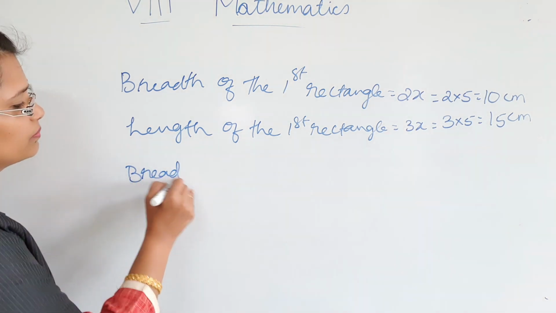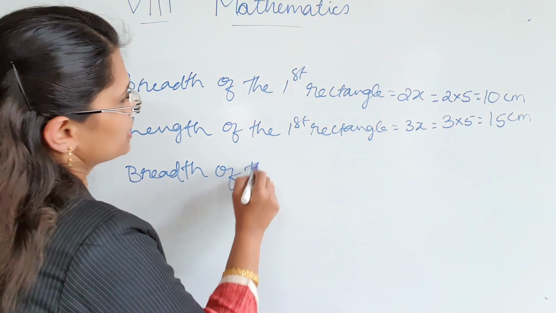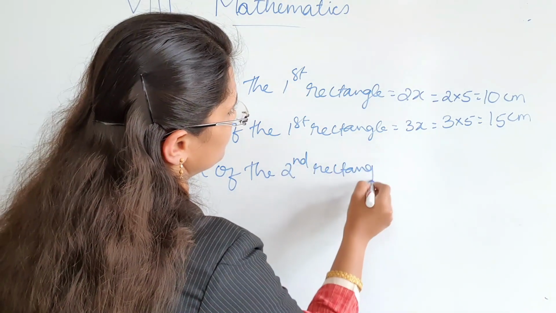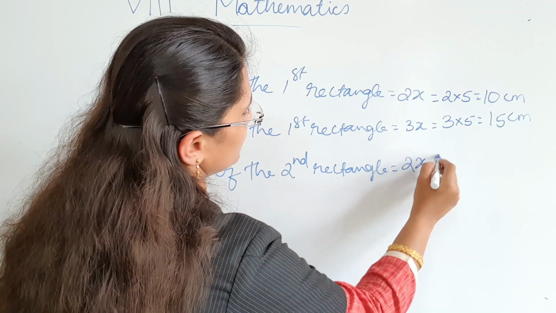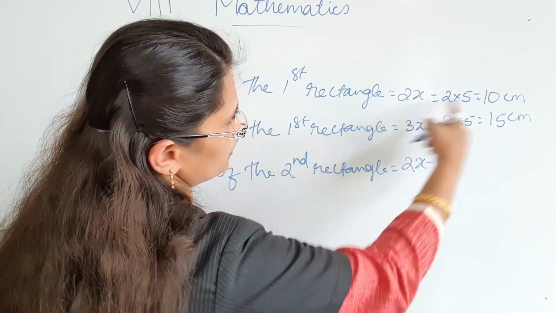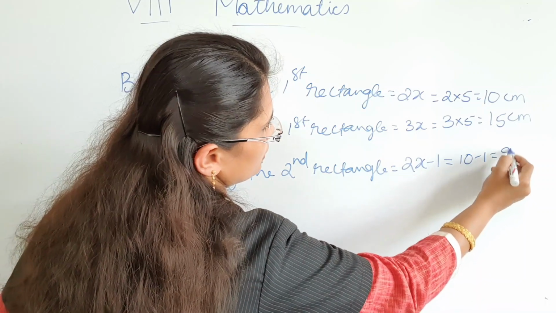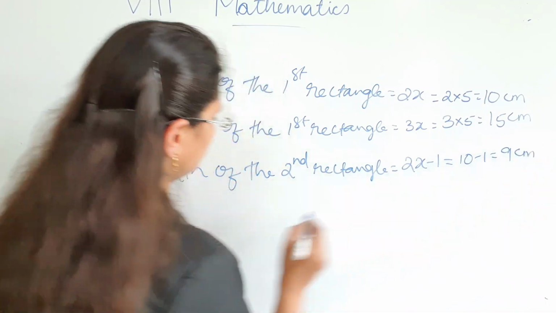Breadth of the second rectangle is equal to 2x minus 1 is equal to, what is 2x? 10. 10 minus 1 is equal to 9 centimeter.